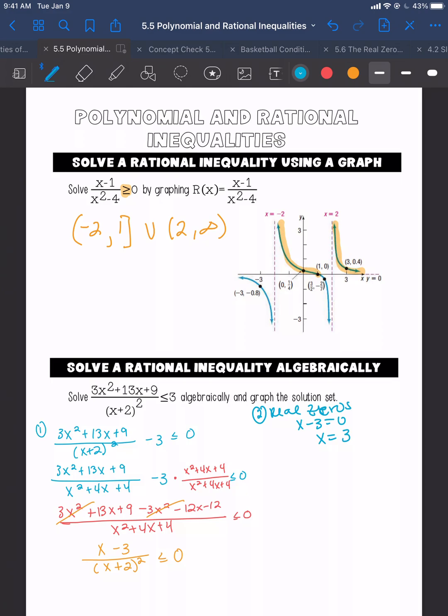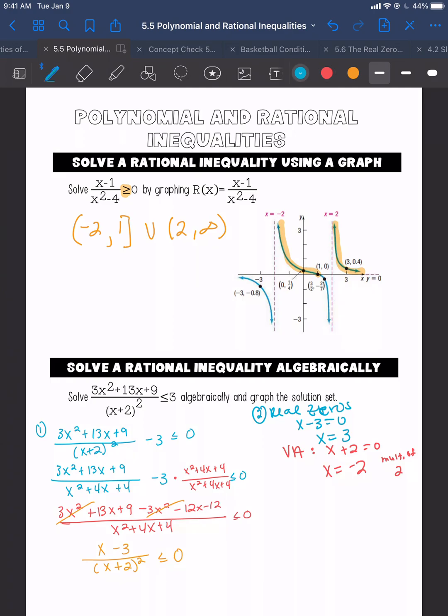And then we have our vertical asymptote, and that's x plus 2 equals 0, so x equals -2. That does have a multiplicity of 2. That would help us with our end behavior on both sides, but not too worried about that. We just need to know that the vertical asymptote is at x equals -2.